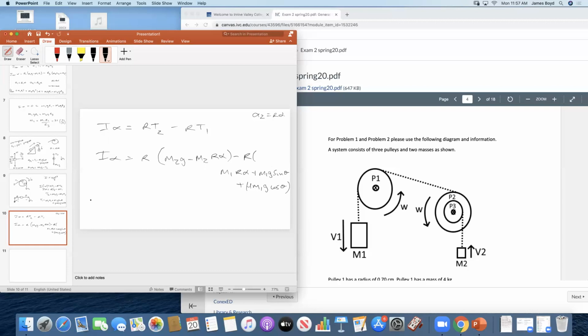Move the alphas over and I get I plus M2R squared plus M1 R squared times alpha is equal to R times M2G minus R times M1G sine theta minus mu M1G cos theta. So these two things, oh, there's an R here, sorry.